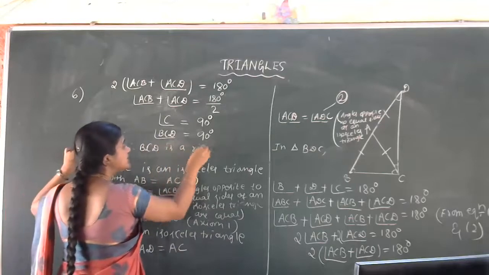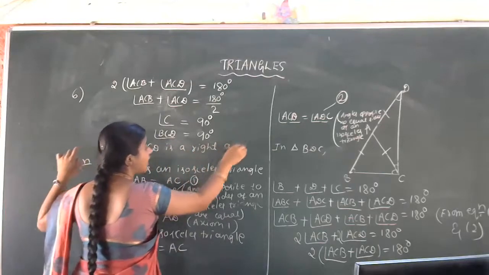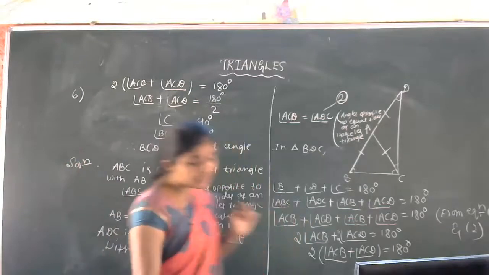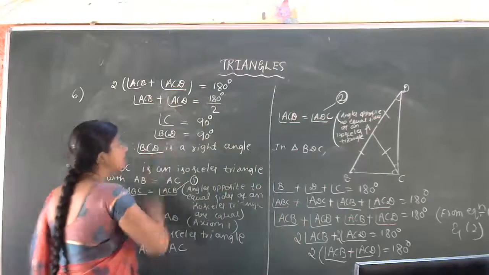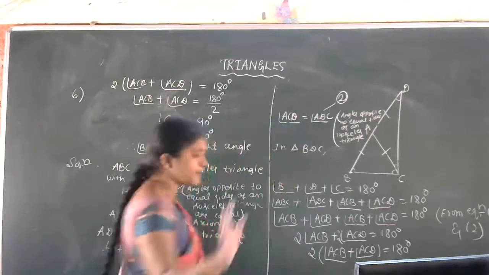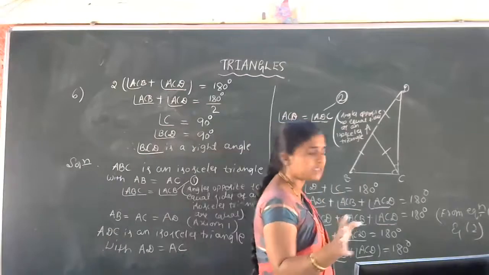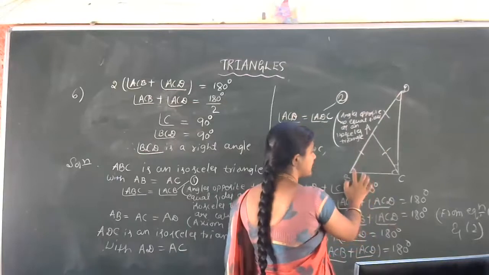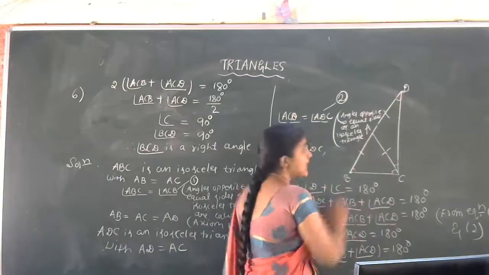Yeah, 45. So this is 45, this is 45, because this side is equal to this, in the sense angles opposite to equal sides are equal, no? Yes, now ABC is an isosceles right triangle.